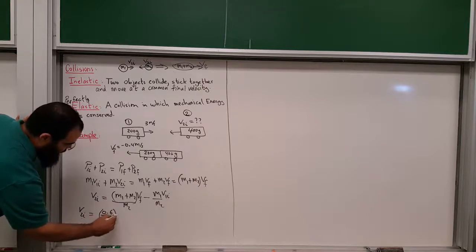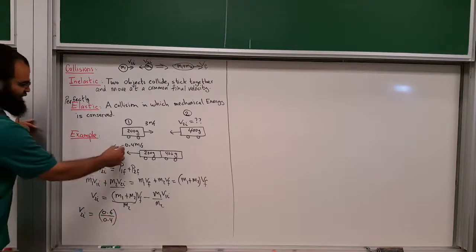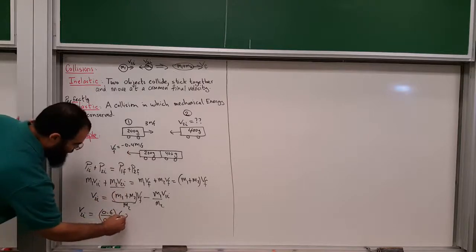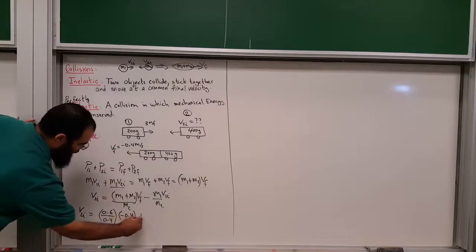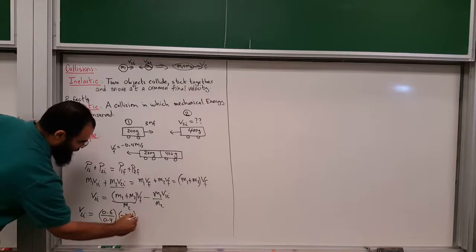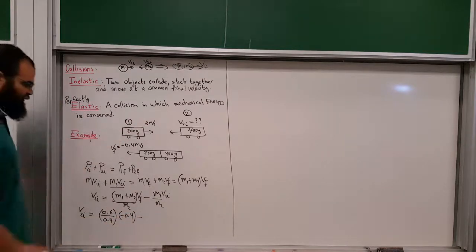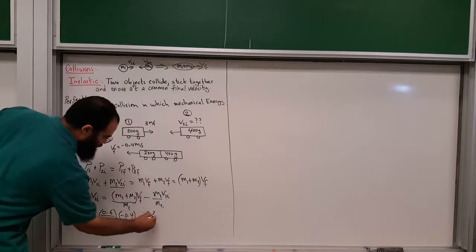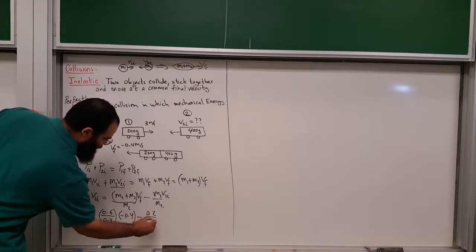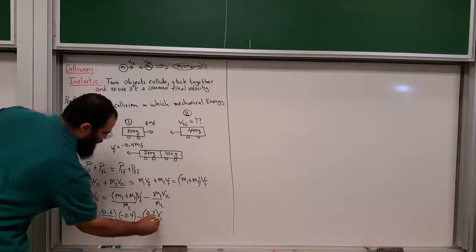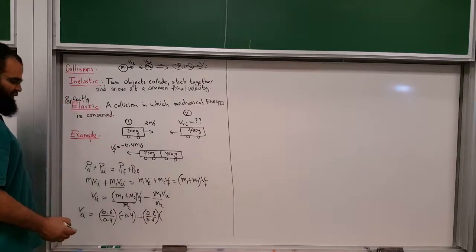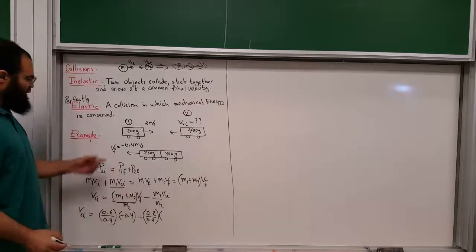And then v final, what's v final? v final is negative 0.4, plus, oh, actually minus, m1 over m2. m1 is 200, m2 is 400, so 0.2 over 0.4. And then v1 initial here would be 3.